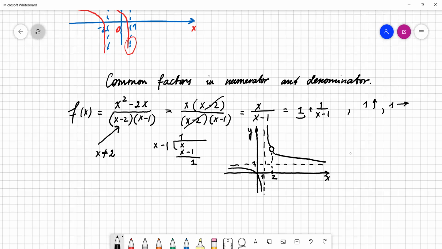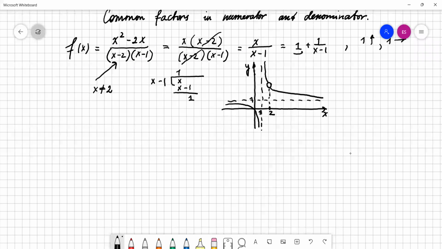I'll ask you to now do similar calculations. So let's try to do self-work. y equals 2x squared minus 2x over x squared minus 1.